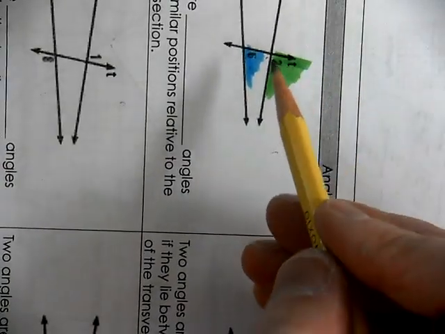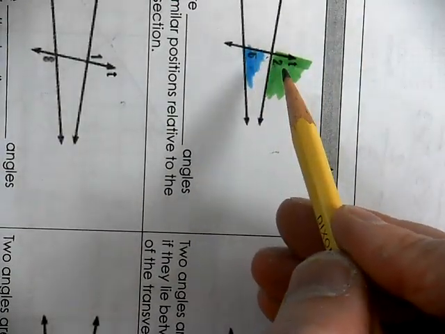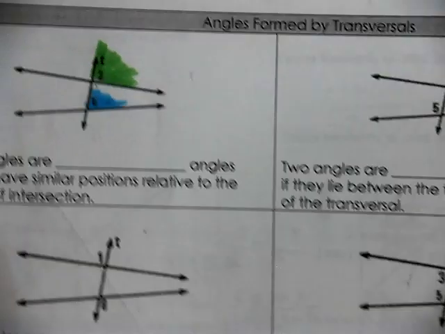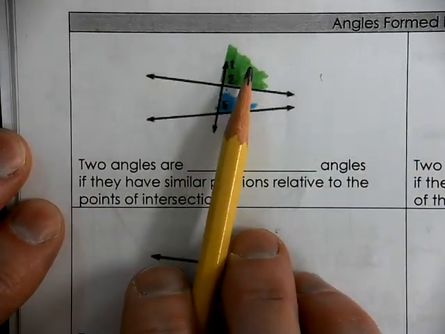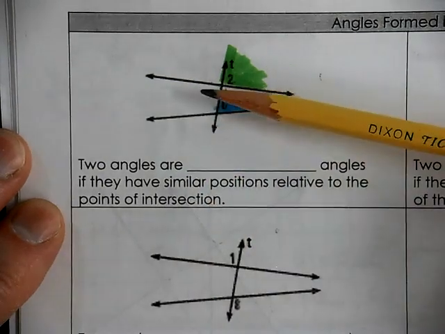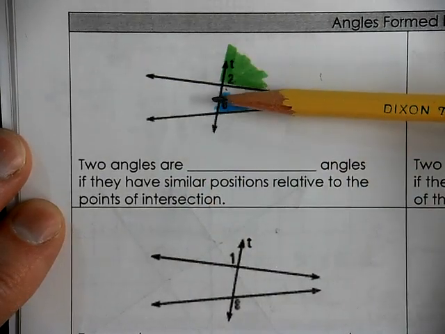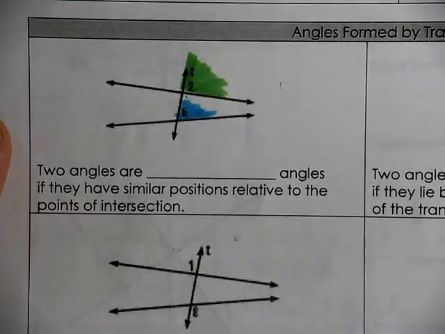Or they're both on the southeast side of the intersection. They're called corresponding angles because they're both on the same side of the transversal. They're both on the top side or bottom side, whichever way you want to call it, depends how the picture's drawn, of the lines.